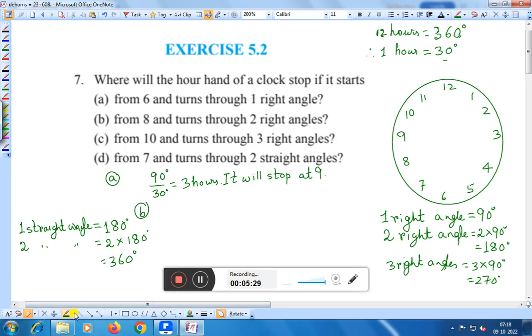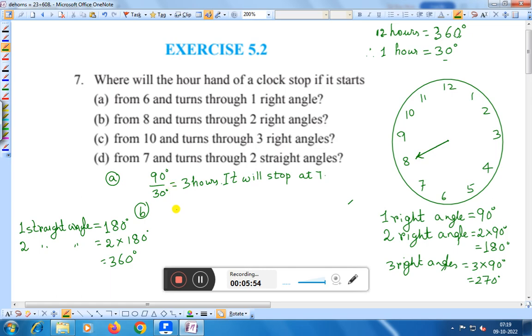From 8, this is the center of the clock, this is 8, and it turns through two right angles.